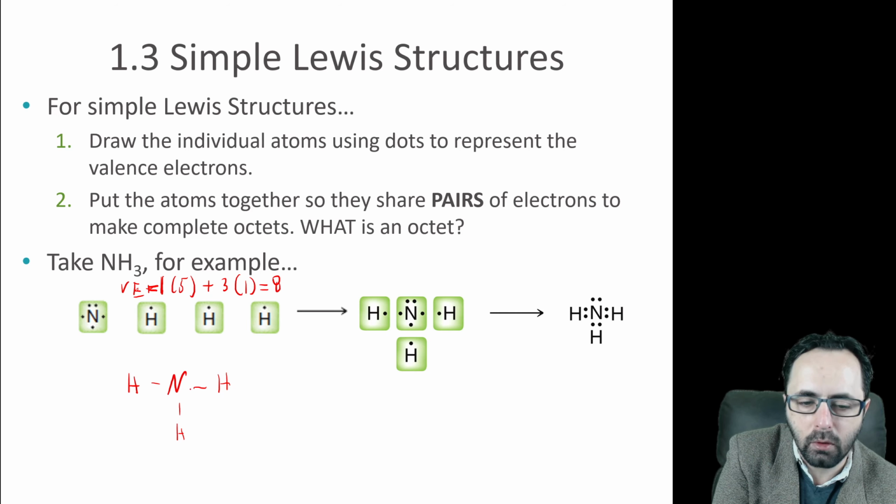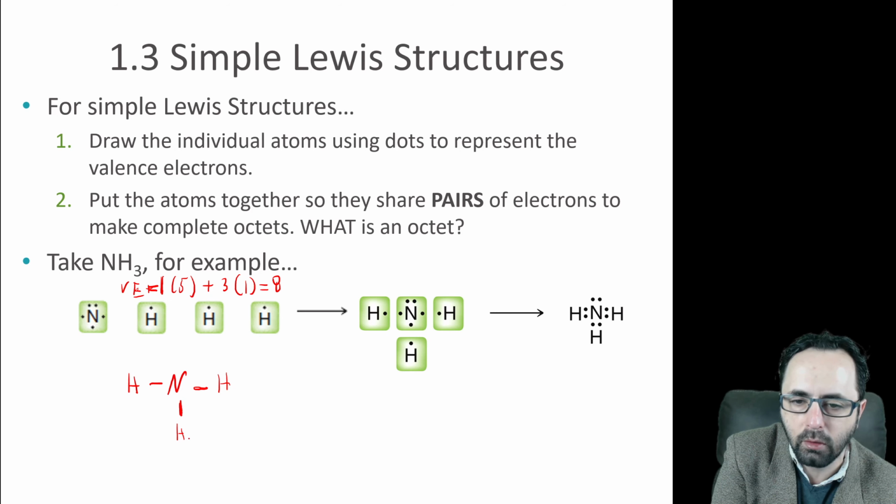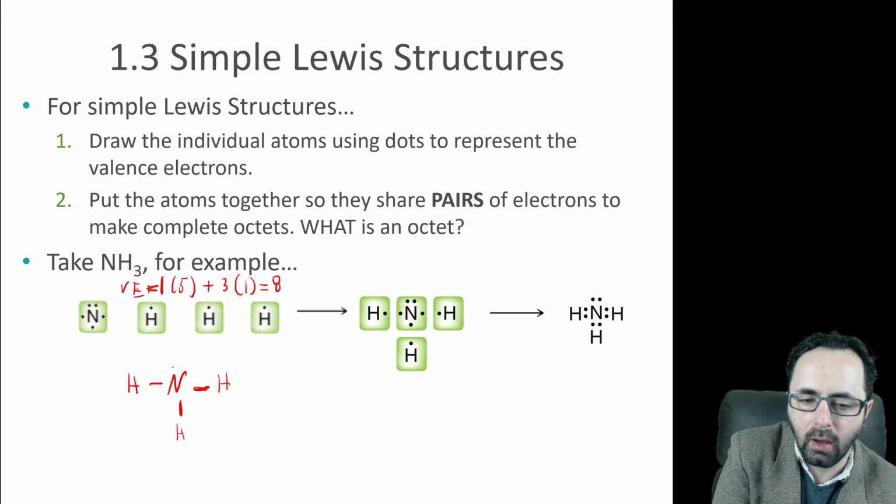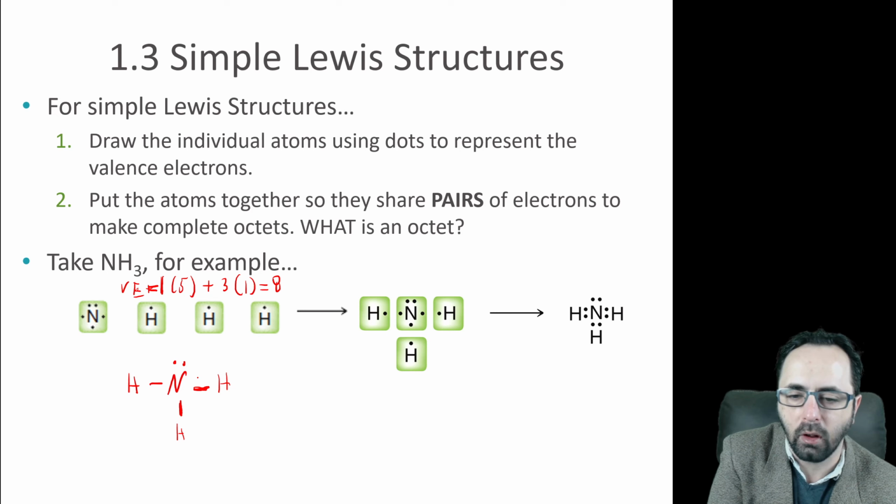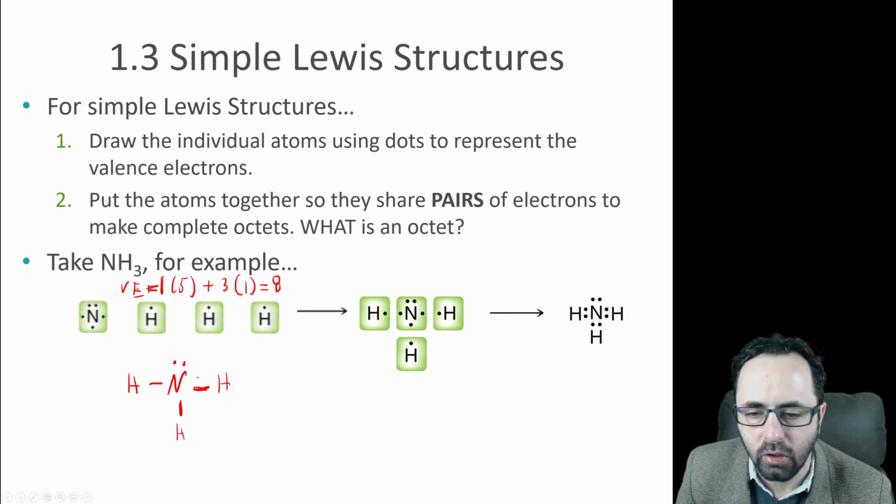And then we would draw a skeleton structure where we put the hydrogens on the outside because they can only have 2 electrons. They're special. Remember, hydrogens can only make one bond. That's something special about hydrogen. No lone pairs. Finally, we put the last 2 electrons on the nitrogen. That's the way you do it in G-Chem.